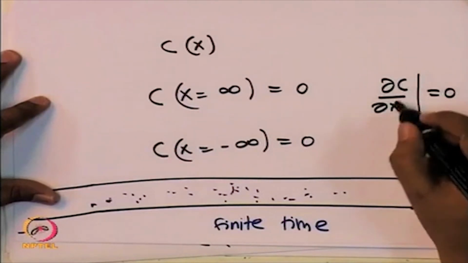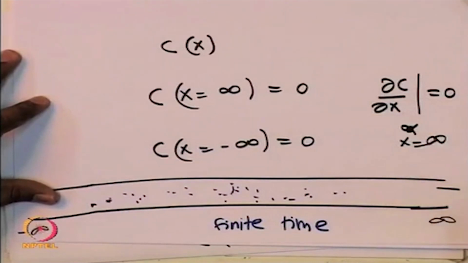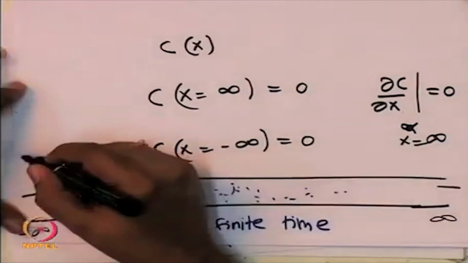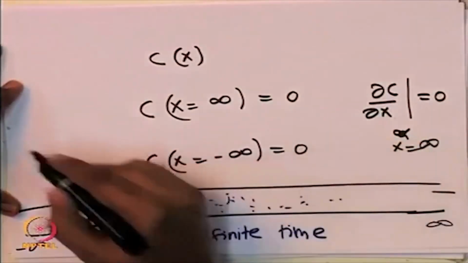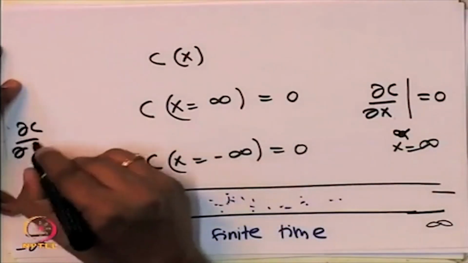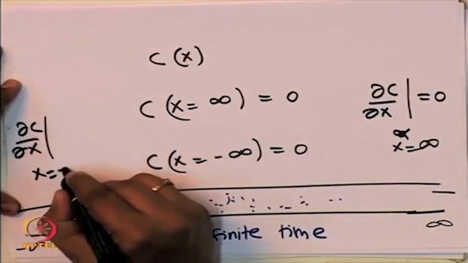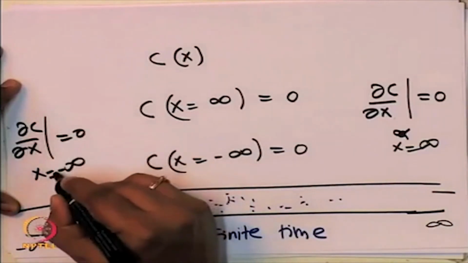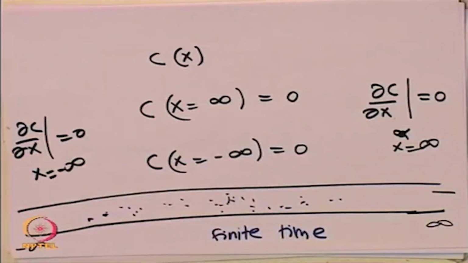So, c cannot vary there, because c does not exist there. Here also del c by del x at x equal to minus infinity will be 0, because there are no molecules. So, the change in concentration will be 0. By knowing this much, we can get some interesting results. So, let us go ahead and do this.